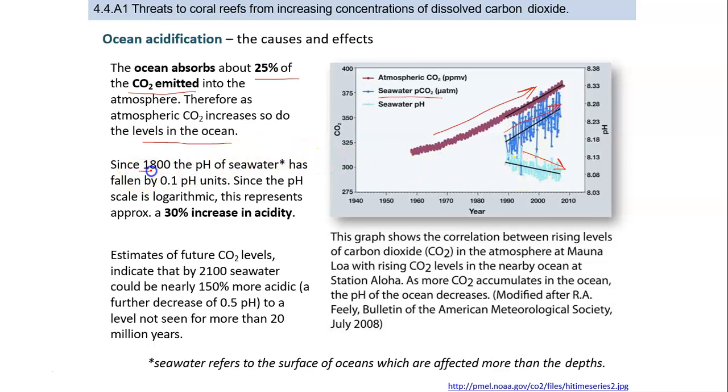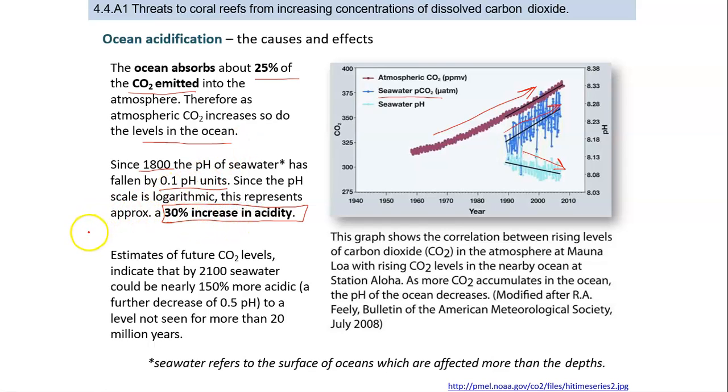Since 1800, the pH of the seawater has fallen by 0.1 pH units. And since the pH scale is logarithmic, this represents approximately a 30% increase in acidity.